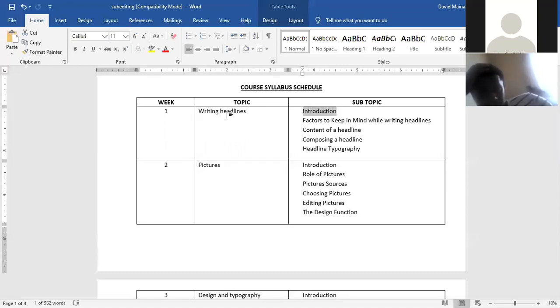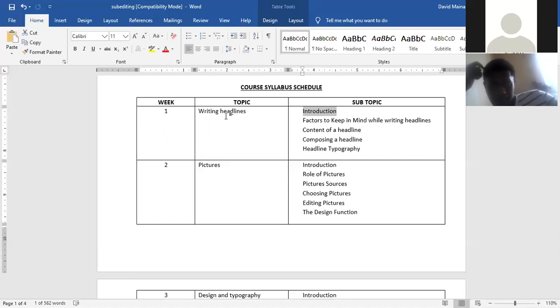So the core thing of a headline is to be able to attract readers. Once it attracts them, the reader will buy that particular newspaper. If it does not attract, the reader will not buy.